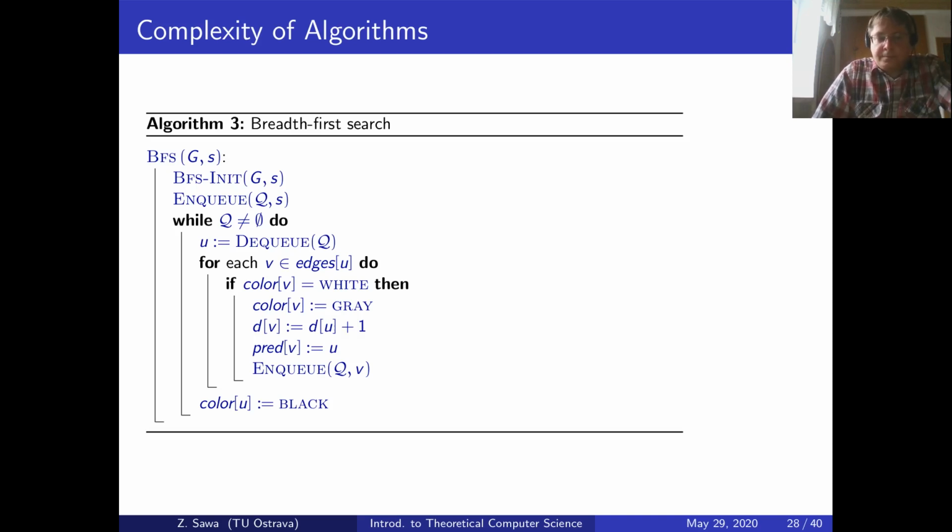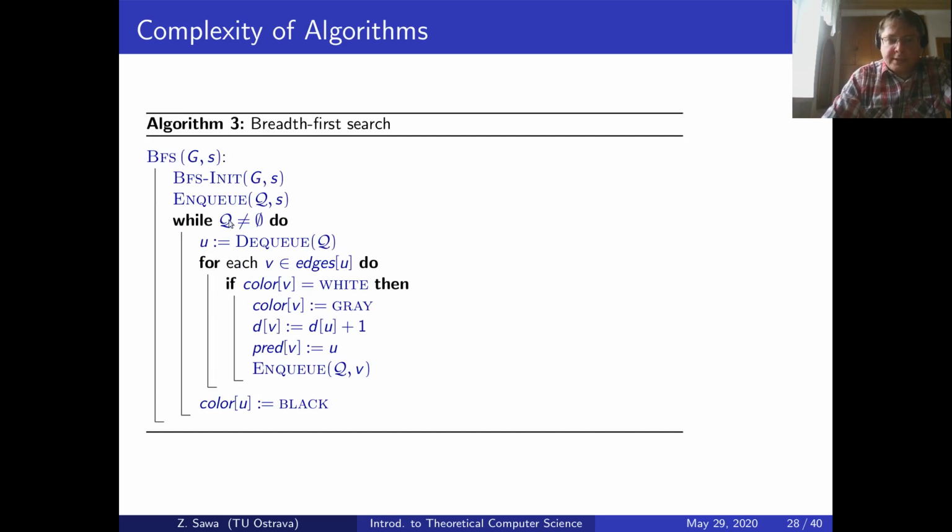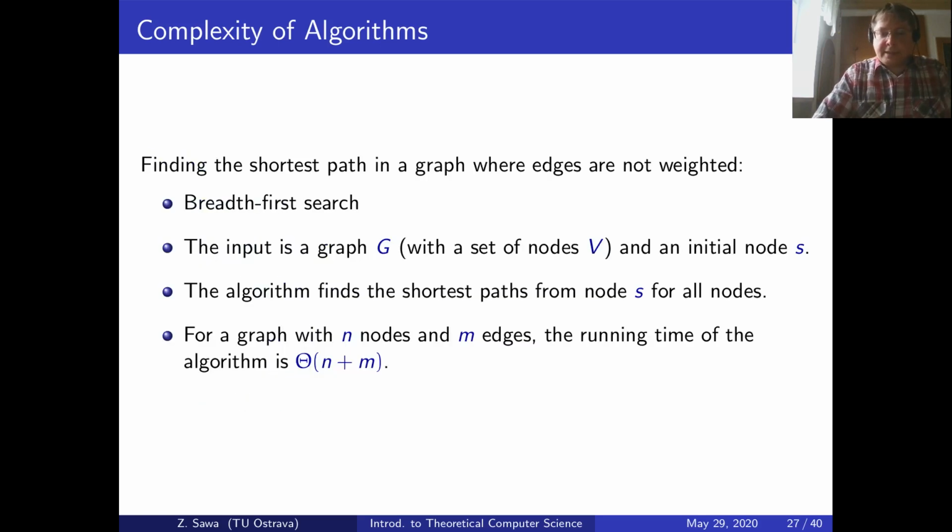The initialization takes time proportional to the number of nodes, theta n. All operations outside of the inner loop are performed at most n times, and everything inside these loops could be performed at most m times, where m is the number of edges. So in total it gives us time complexity theta n plus m.